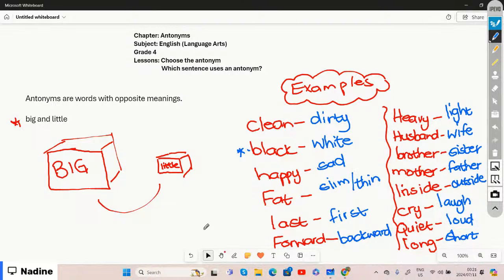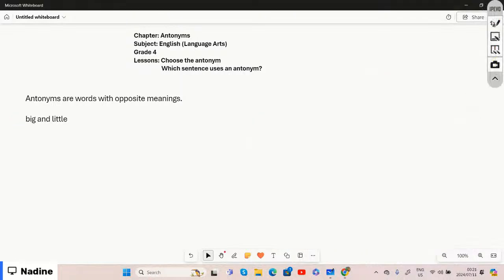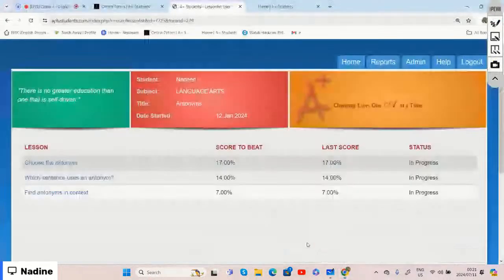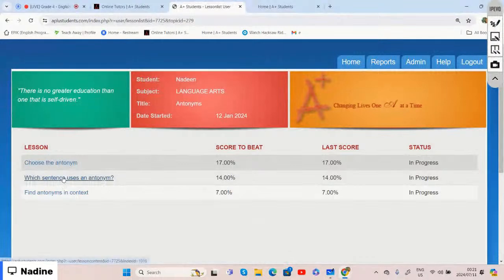So today we're only doing choose the antonym. Let's quickly go to aplusstudents.ca and I will show you. Today we're only going to choose the antonym and say which sentence uses the antonym. And then in our next lesson, we will find antonyms in context.